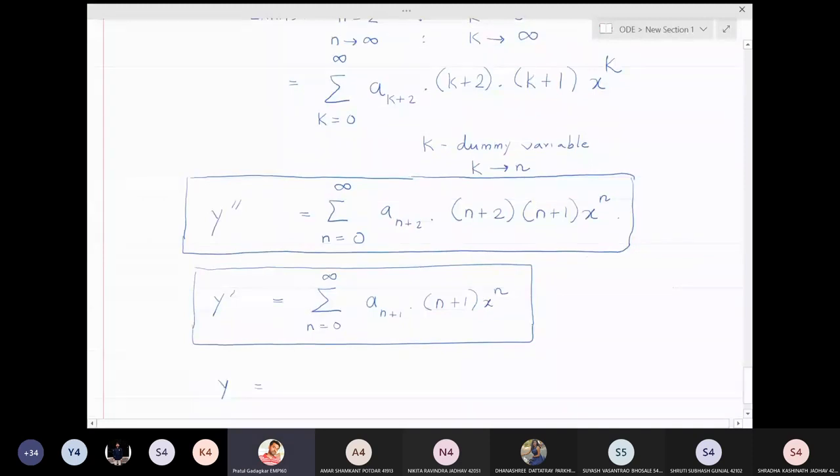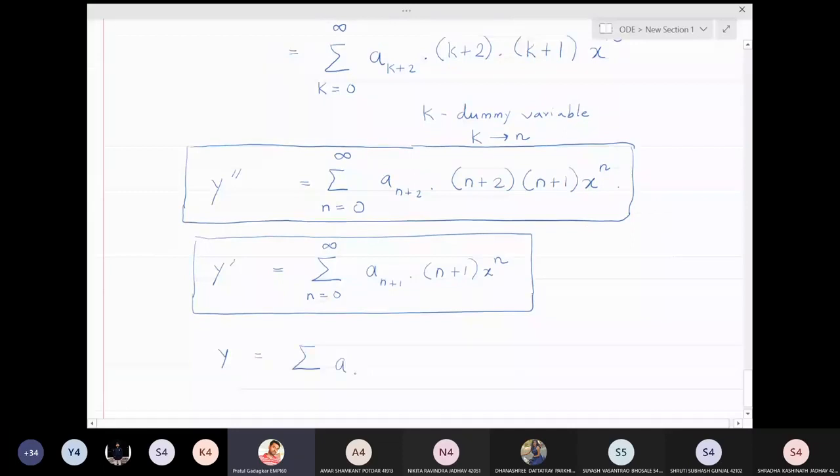That is our original power series, which is a n x power n, n going from 0 to infinity. So these three expressions will help us to some extent in solving our problems.